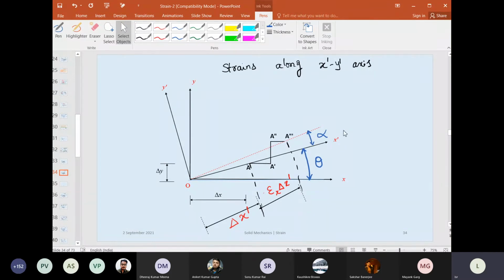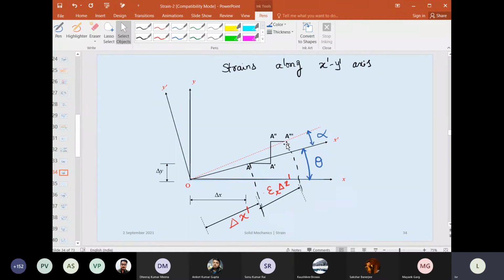let us say, now I want to find out strain, let us say along x prime axis, y prime axis. Let us say first I find out epsilon x prime. How do I find out?